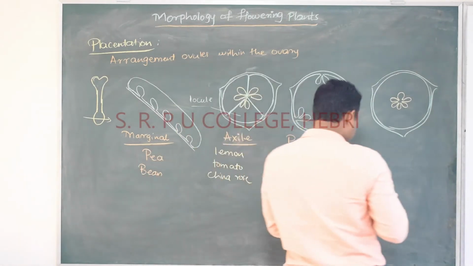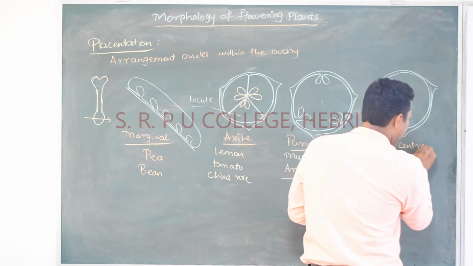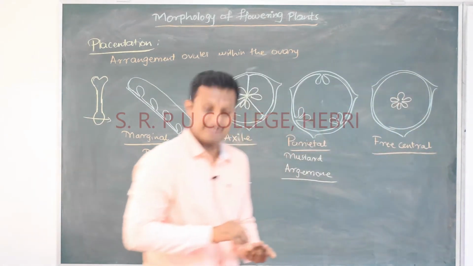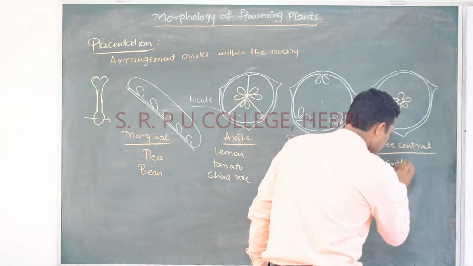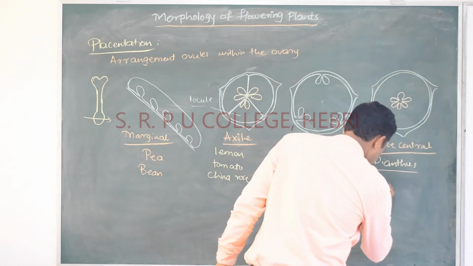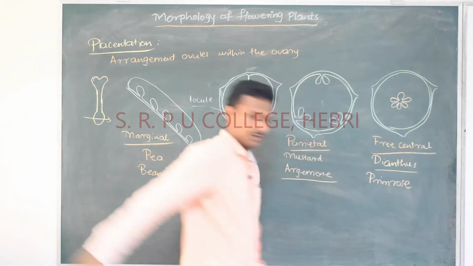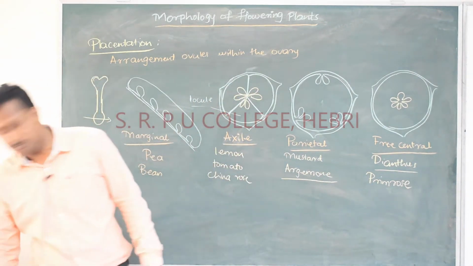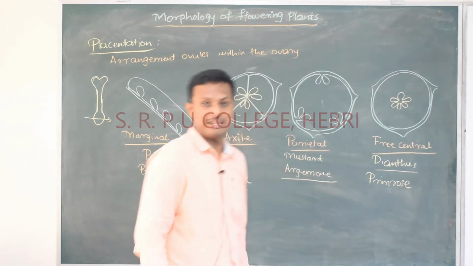This is called free central, and free central type of placentation can be found in dianthus and primrose. Dianthus and primrose both are the examples for the free central type of placentation.